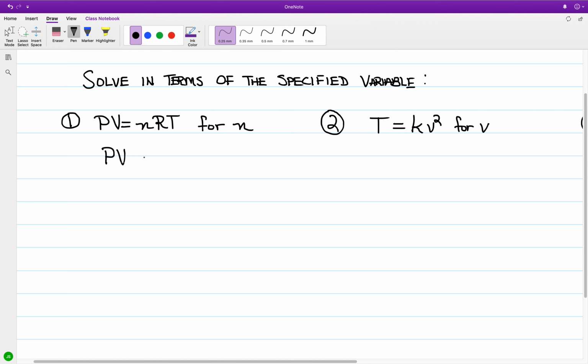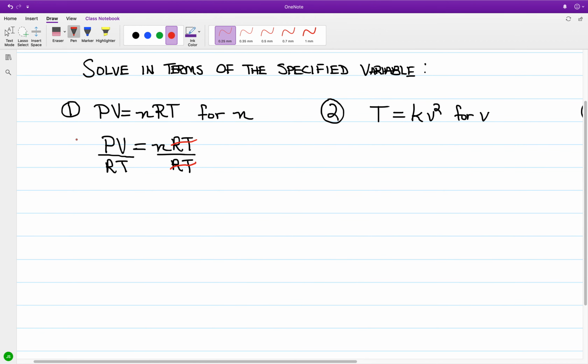So I want to express the equation as n equals. I'm going to undo the multiplication by both R and T. On the right hand side, both R and T are going to be eliminated. So we have PV over RT is equal to n. And so in terms of n, we have P times V over R times T.